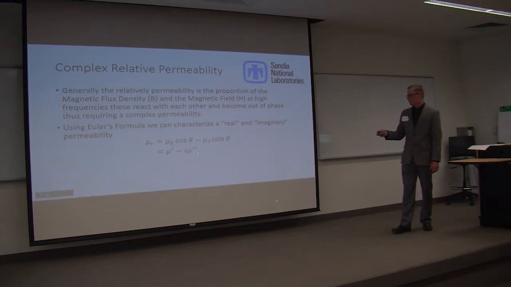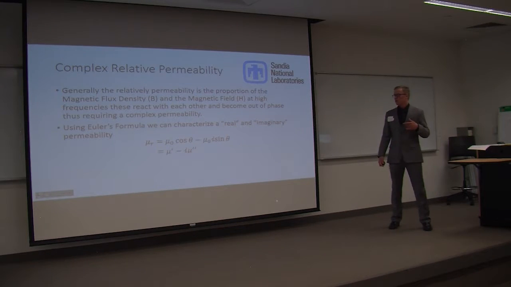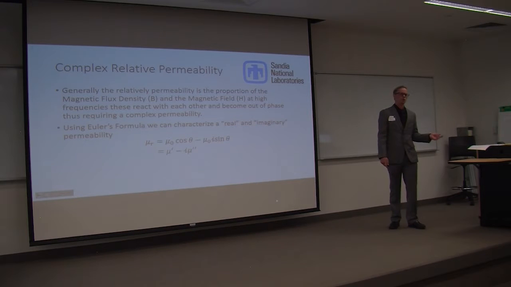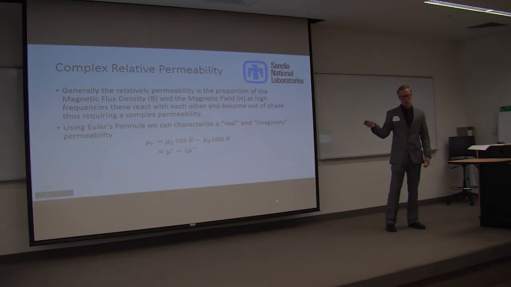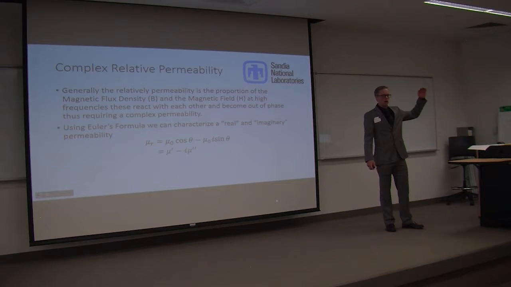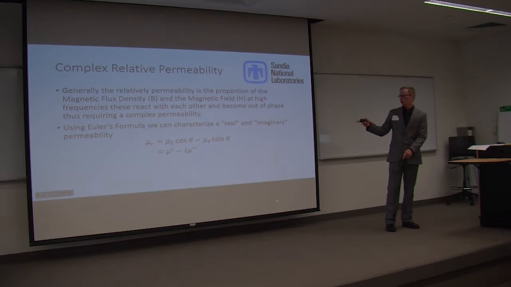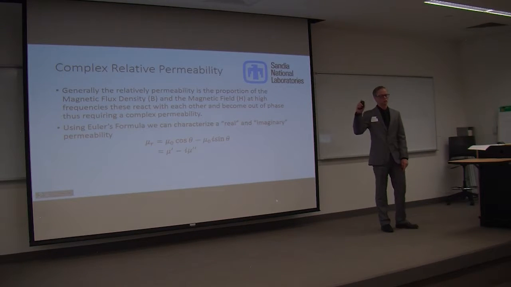And we have our imaginary part, mu sub 0 i sine theta. So we have our real, mu prime, and our imaginary, mu double prime. It's interesting how they work. As you raise frequency, the real permeability starts high and drops lower, while the imaginary permeability starts low and works higher. So they work against each other.